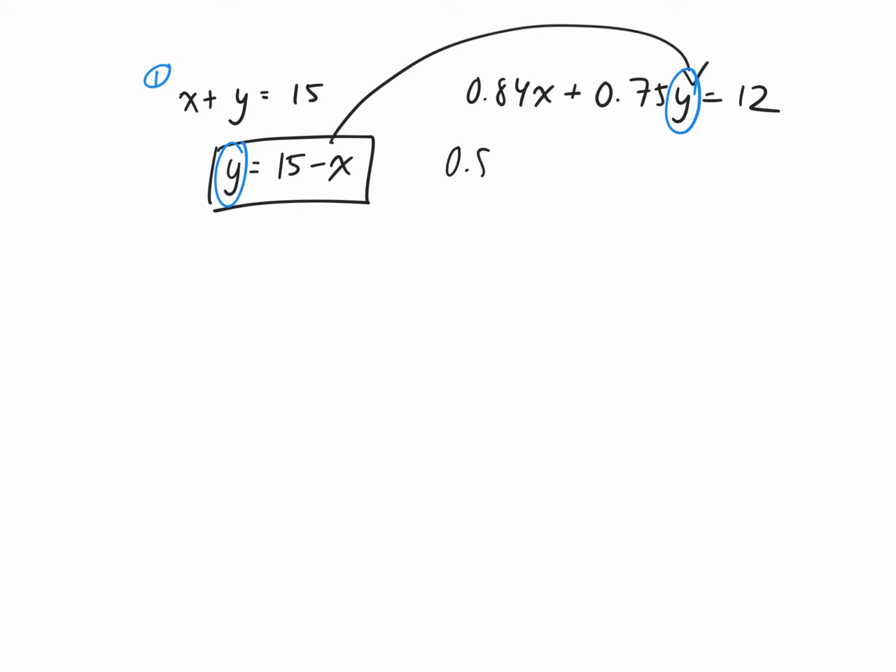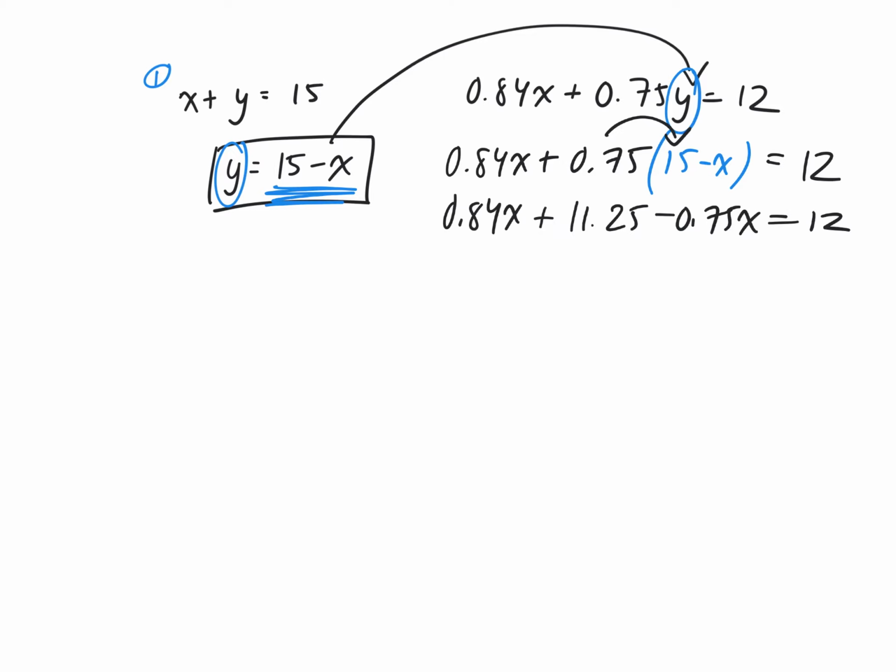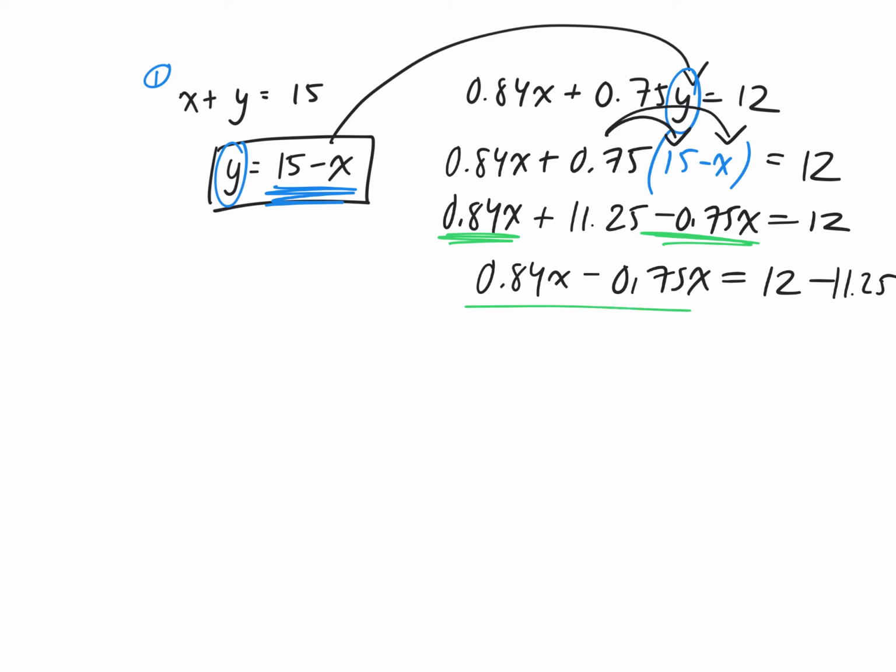I rewrite the second equation, and I'm replacing Y with the value of Y, which is 15 minus X. And you are just going to now isolate X. So distributive property, and then I'm going to combine my like terms. Taking away, 0.75x equals 12 minus 11.25. Just combining my x terms, my variable terms.